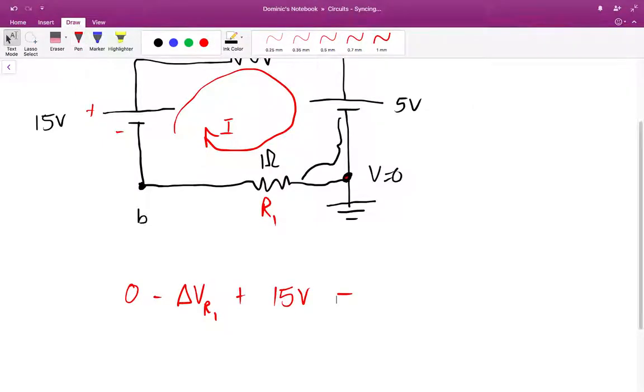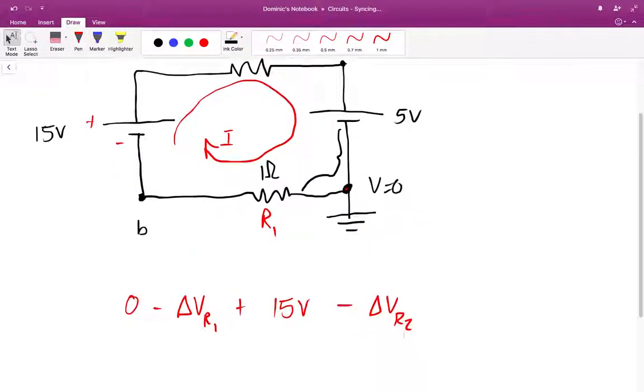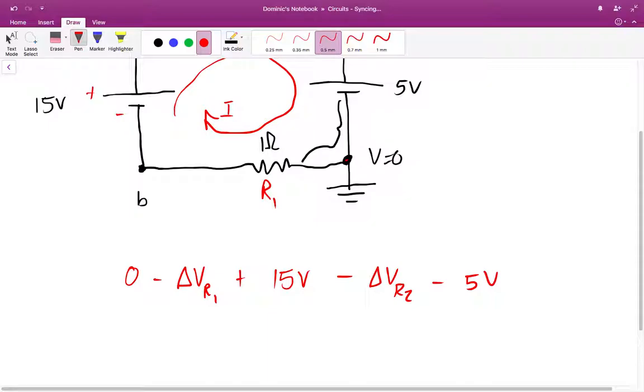And then we subtract when we go across resistors, so we would have minus delta V of R2. And then we are going to have minus the voltage of the 5-volt battery, minus 5 volts. And at that point, we should be back to 0.